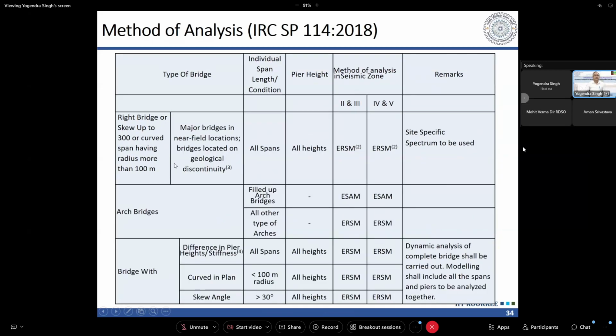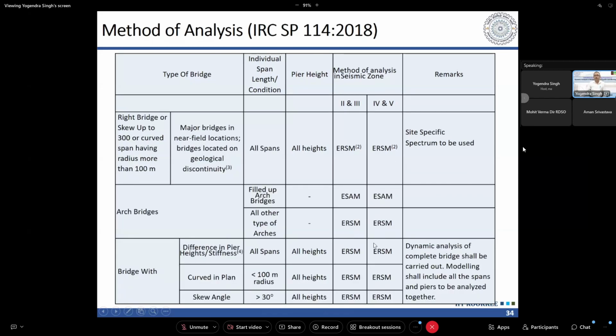So like that, the code suggests based on the height, based on the skewness and the curvature of the bridge, and based on the type of the bridge, which analysis method we should use, which analysis method is recommended. And this is the minimum method. So you can use a more sophisticated method, but you cannot use a less sophisticated method than what is given.